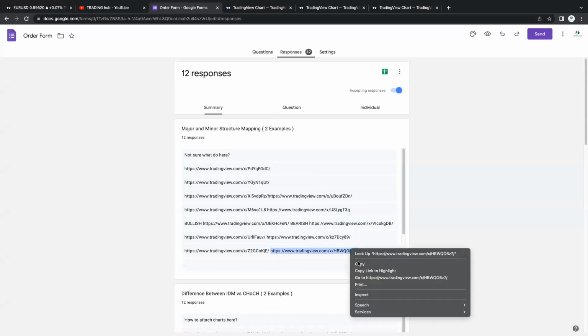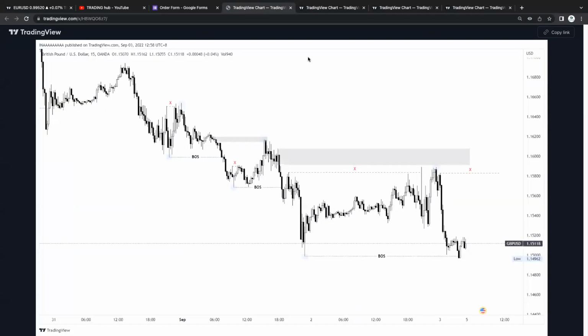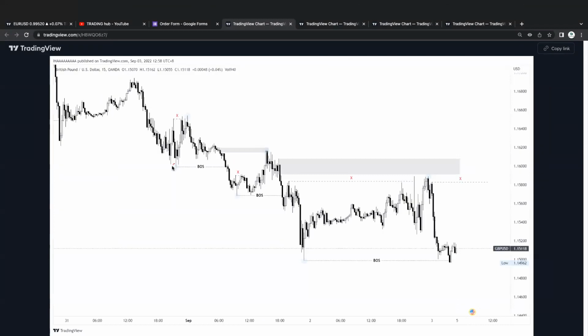Now let's see another one. All right. Break of structure is here, and after the break of structure, the top of the structure is here. Okay, inducement and go higher.